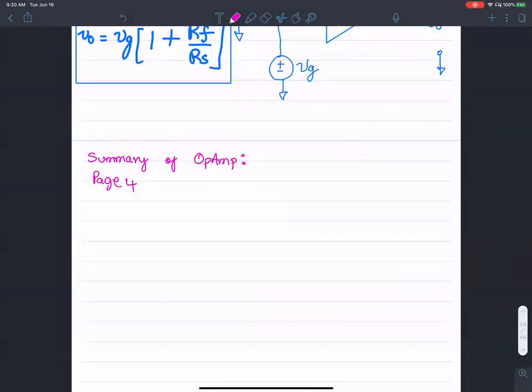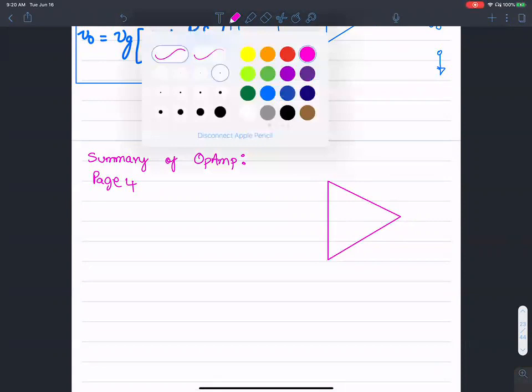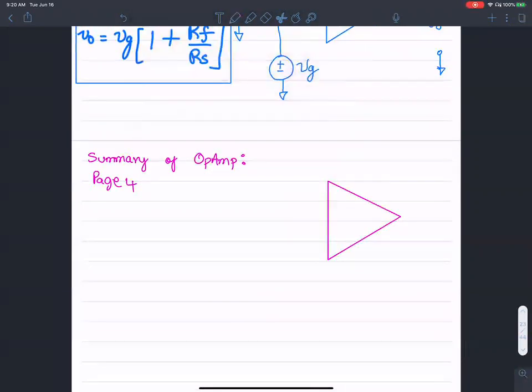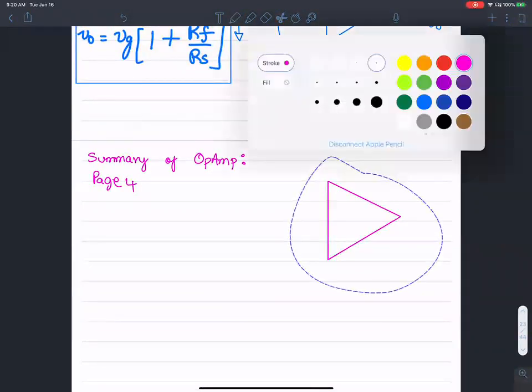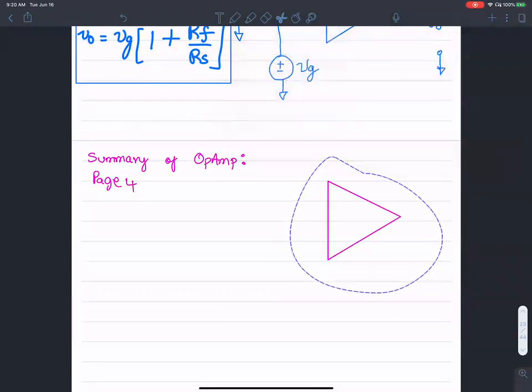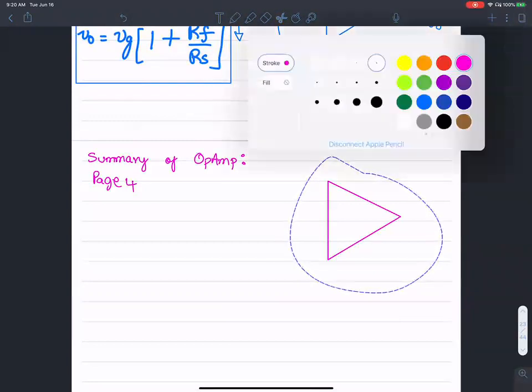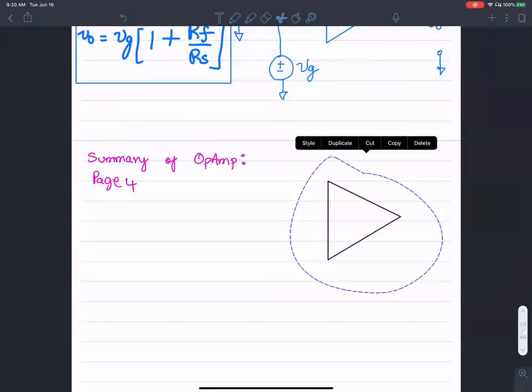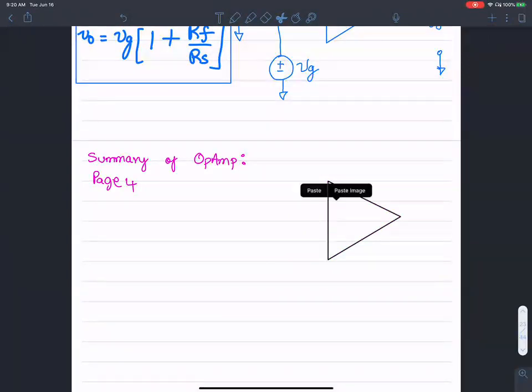Okay, the idea is that I have an amplifier, with a negative terminal and a positive terminal. The positive terminal is tied to ground.